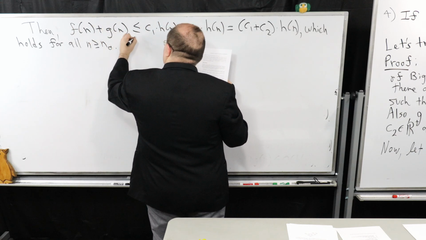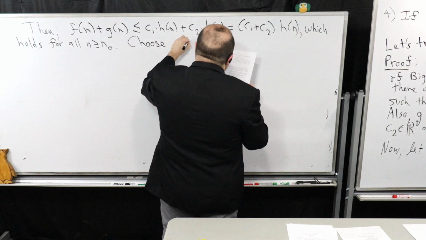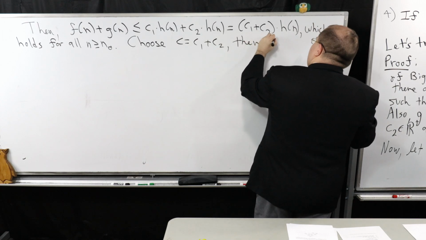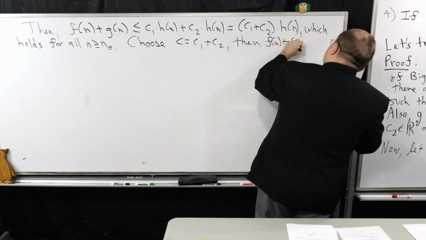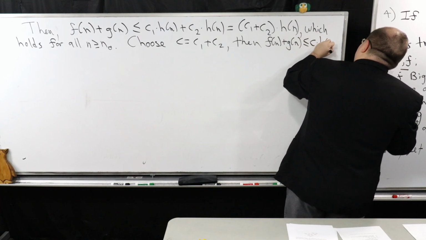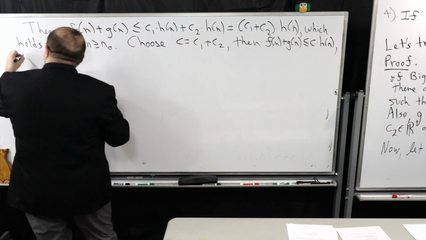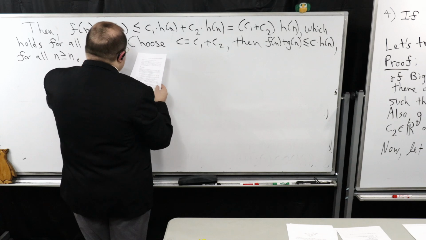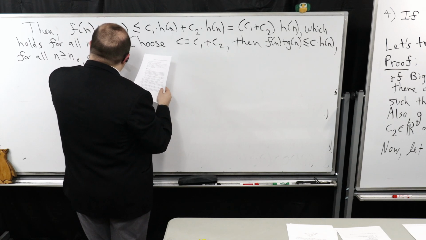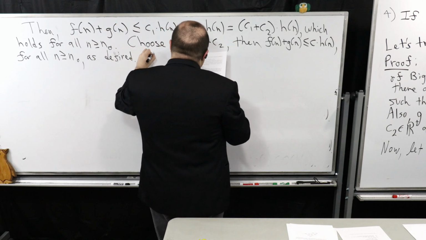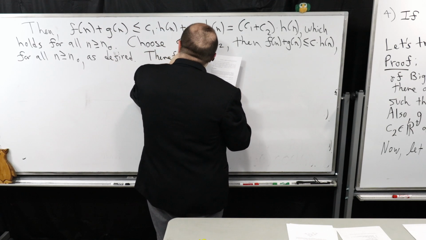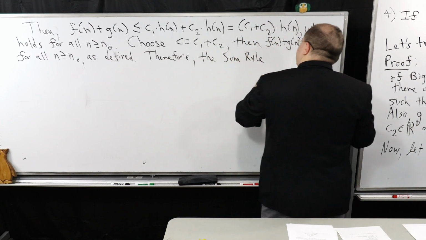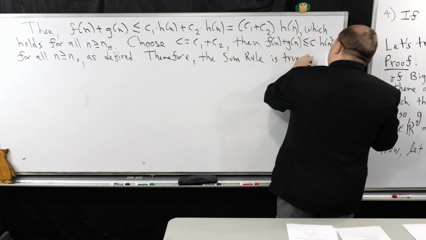So, choose C is equal to C1 plus C2. Then f of n plus g of n is less than or equal to C times h of n for all n greater or equal to n0, as desired. Therefore, the sum rule is true. And that's the end of the proof.